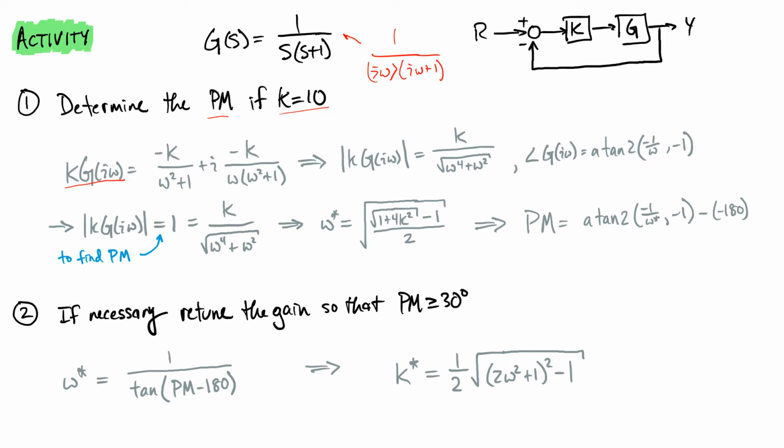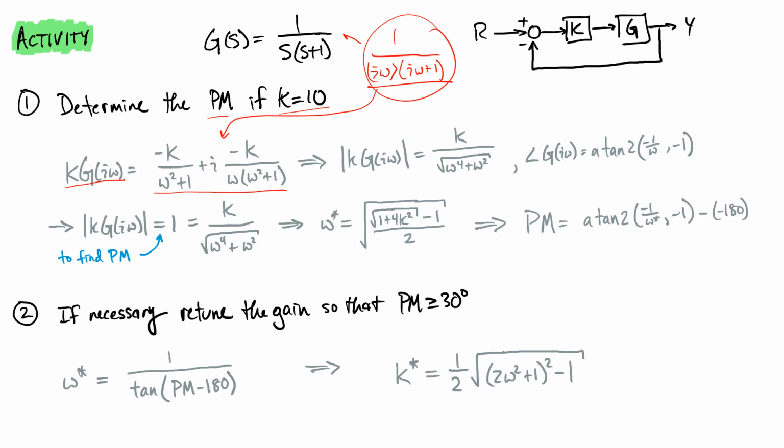We've done this enough times that I'm going to skip the steps where I go from this into this format. That's a useful activity if you're not comfortable with doing that. But this is where you'd start, and this is where you'd finish evaluating K times G of i omega.